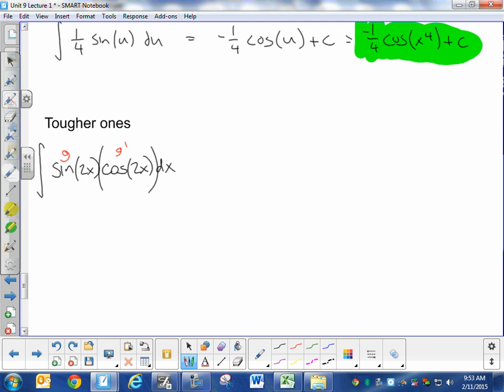And it could be the other way around too, actually. But if you see, oh, that's the derivative of that, well, I set u equal to this G, and then I will be able to cancel this G prime. Try it out. U is equal to sine of 2x, go from there.